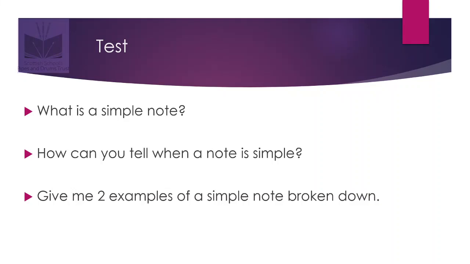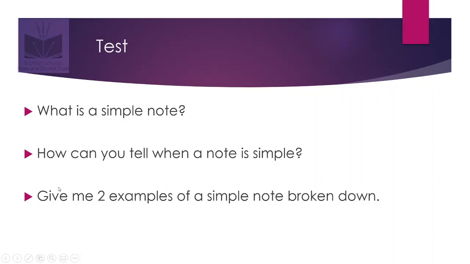A simple note is a note which can be split into 2 parts or 2 equal parts. So for example, a crotchet, you split in half. How can you tell when a note is simple? You can tell it's simple when it's not got a dot after it, I would say. If it's not got a dot, it means it can be split in half.